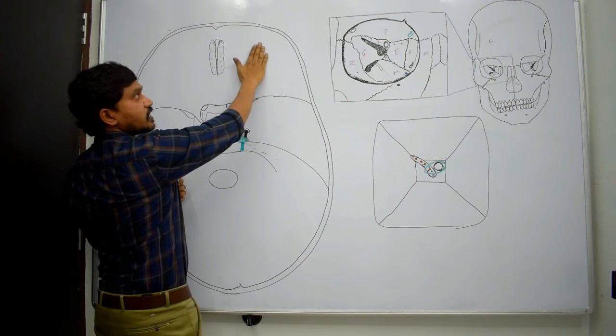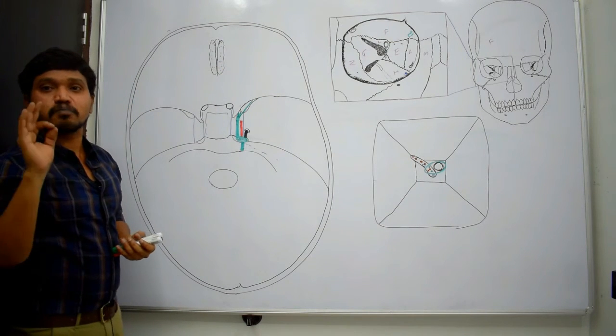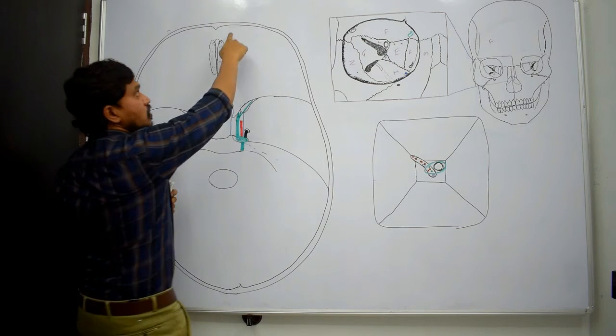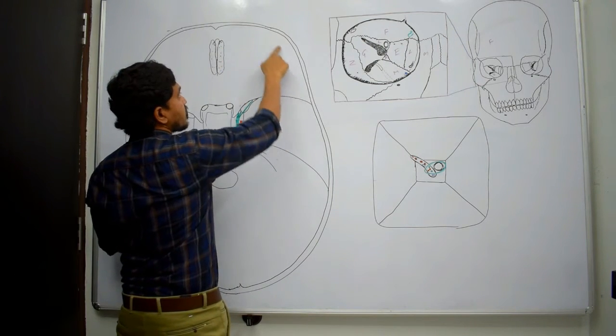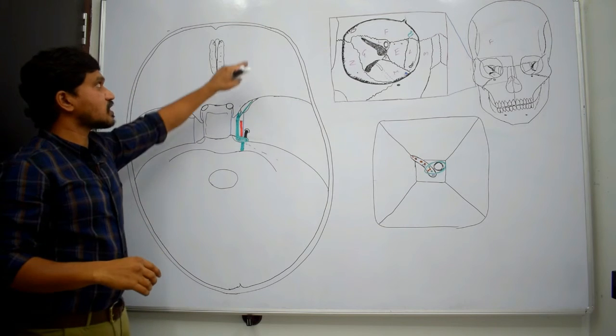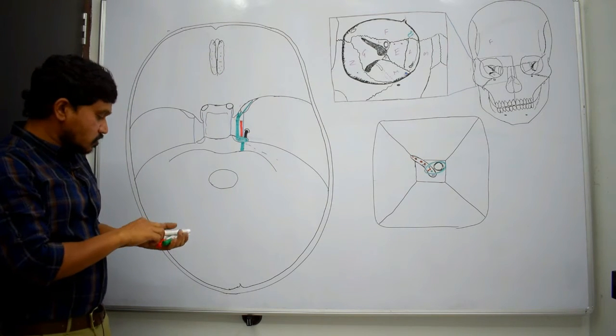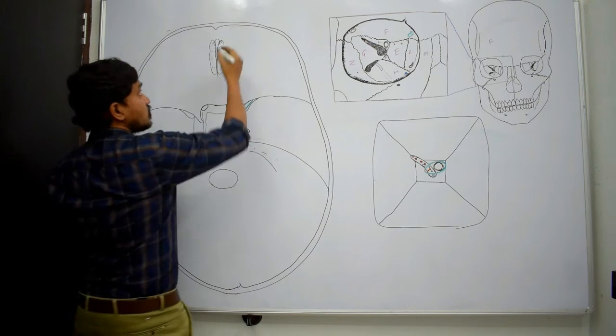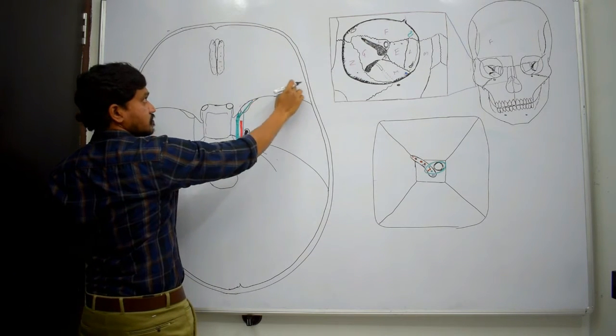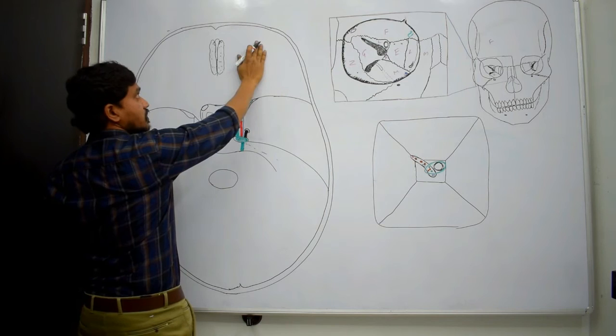What is this bone here? Orbital plate of frontal bone. So you have to break this orbital plate of frontal bone and see the interior of the orbit. In the dissection also you will do like that only. So I am breaking the orbital plate of frontal bone.